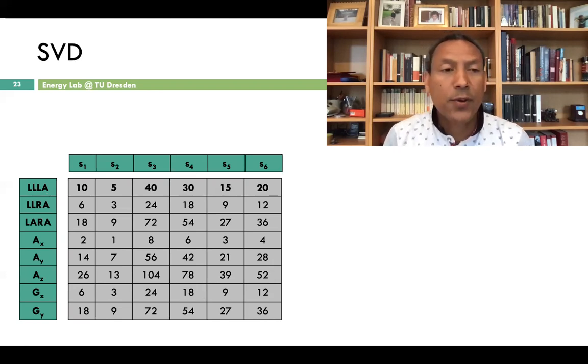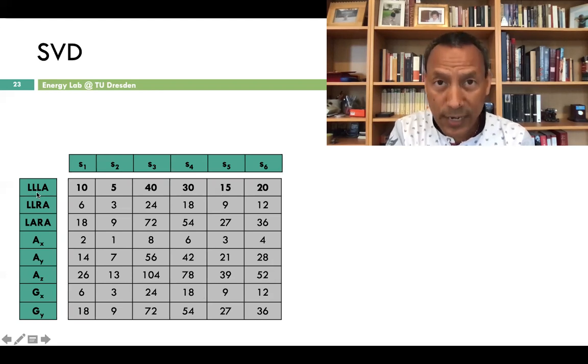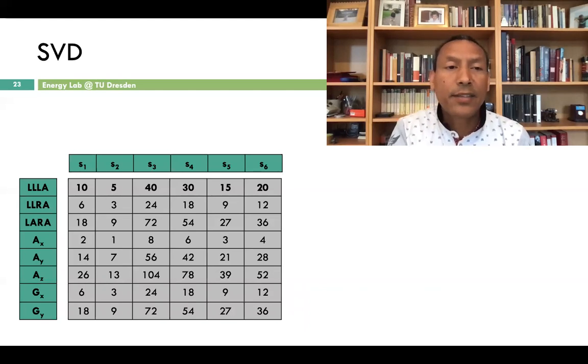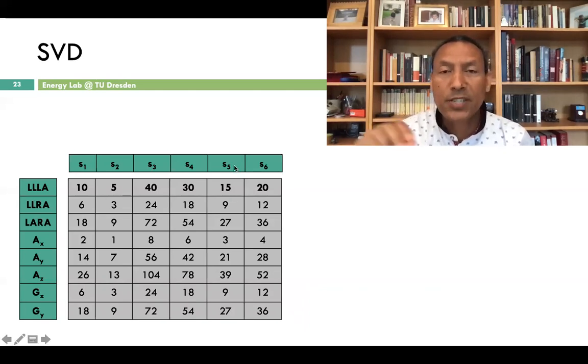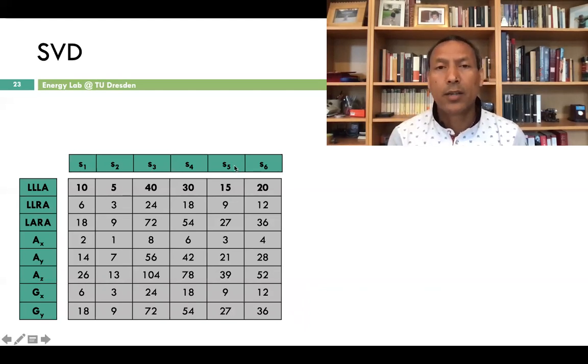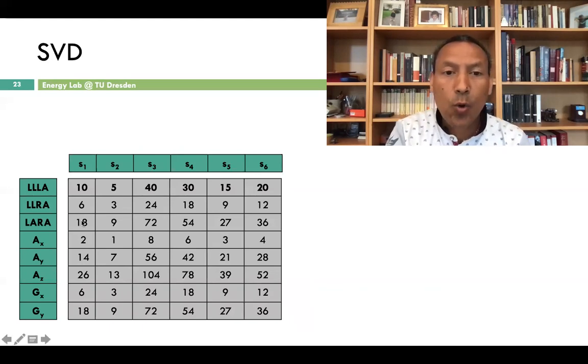For our case, for example, these channels are the ECG leads from left leg, right arm, left arm, right arm, the X-axis of the accelerometer, the Y-axis of the accelerometer, the Z-axis of the accelerometer, and so on. And these are the samples. We sample the sensors at regular intervals. So we have this raw data.